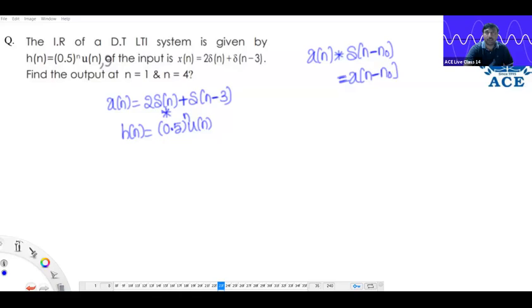Try and tell me what is the output at 1 and 4, sir. Do convolution.